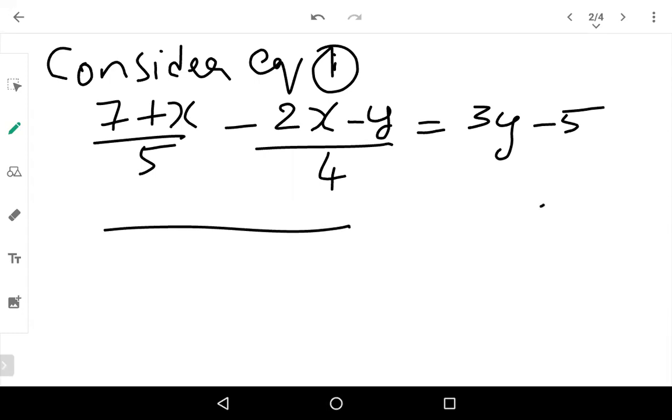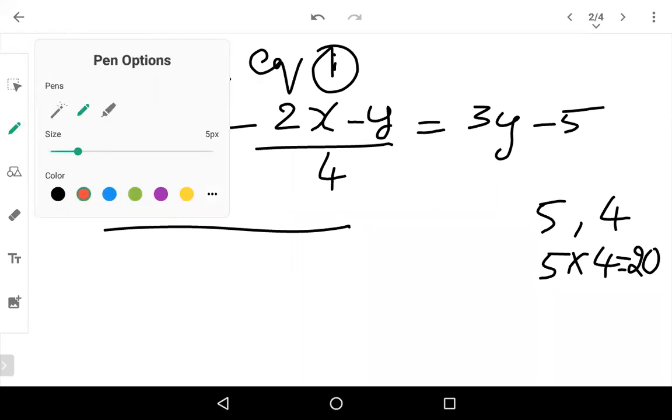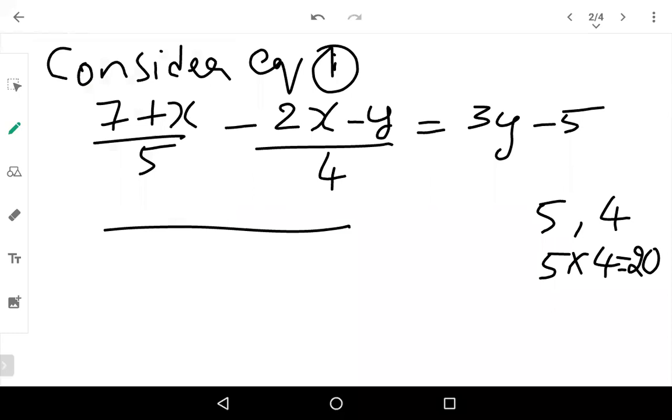To take LCM of 5 and 4, what we always did, we first multiplied 5 into 4, which is nothing but 20. Correct? Now here in the denominator you have 5 already available. If you multiply 4 here, you're going to get 20 as the LCM which we would require.